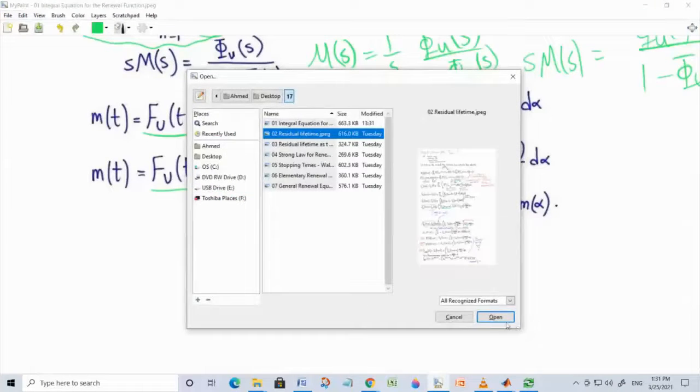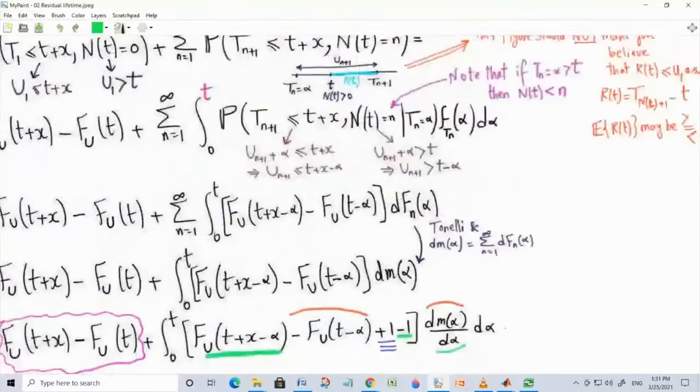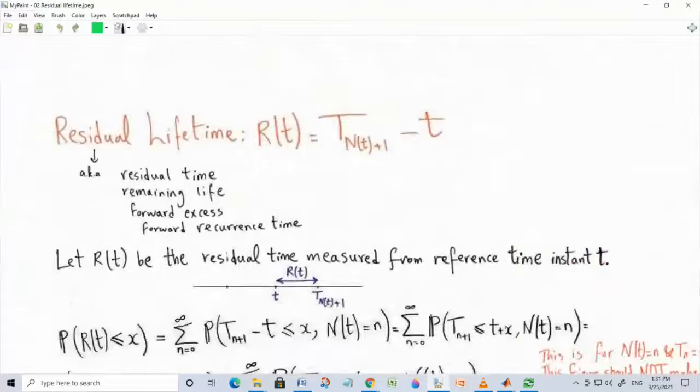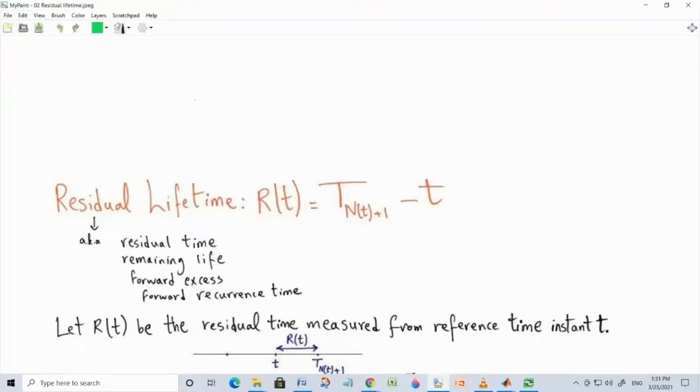So our first very important topic is the topic of residual time. The idea here is the following. So this is the time axis, okay, and you investigate the time axis at time instant t.